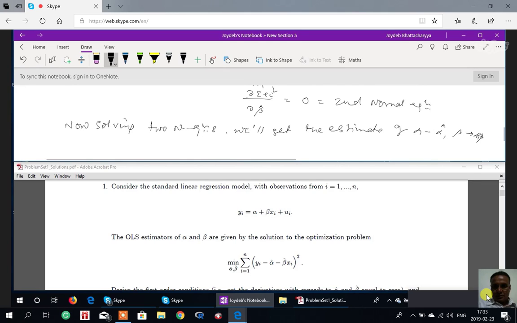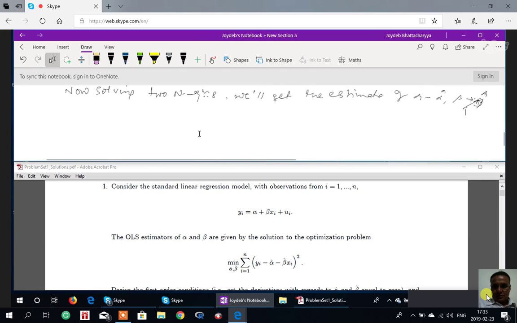If you want to see the structure of the normal equations, it will be something like this.